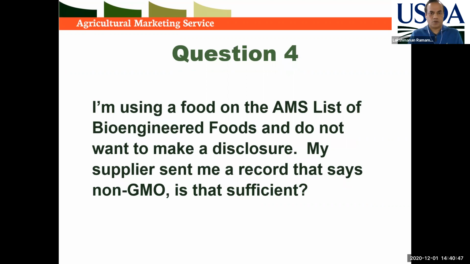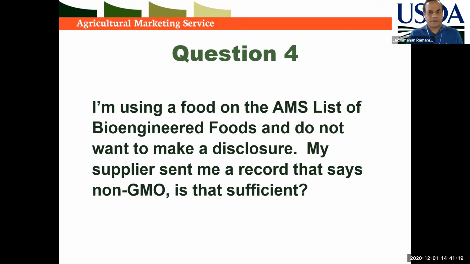The fourth question is, I am using a food on the AMS list of bioengineered foods and do not want to make a disclosure. My supplier sent me a record that says non-GMO. Is that sufficient? So the answer to the question is no. A record that only says non-GMO is likely not enough to comply with the BE standard. The record should be one of the following.